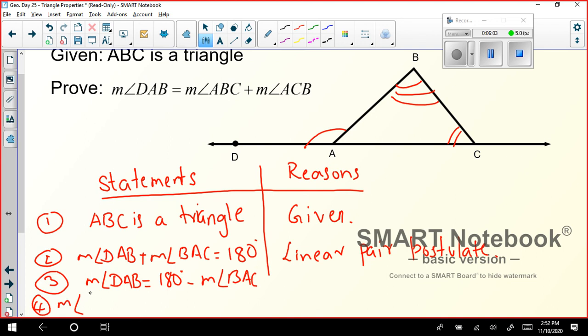Measure of angle BAC plus measure of angle ABC plus measure of angle ACB equals 180 degrees. This is from the triangle sum theorem.